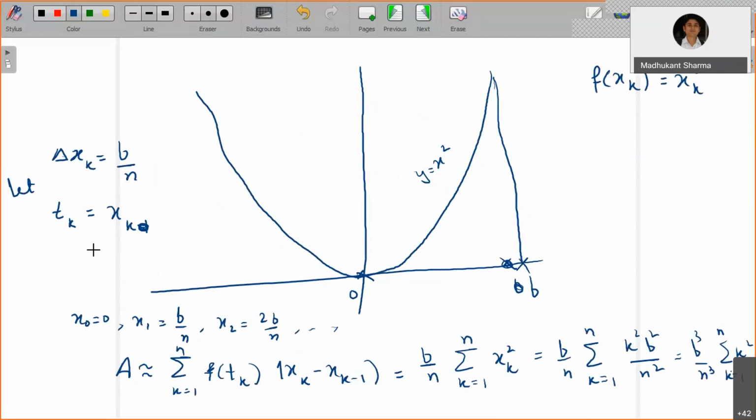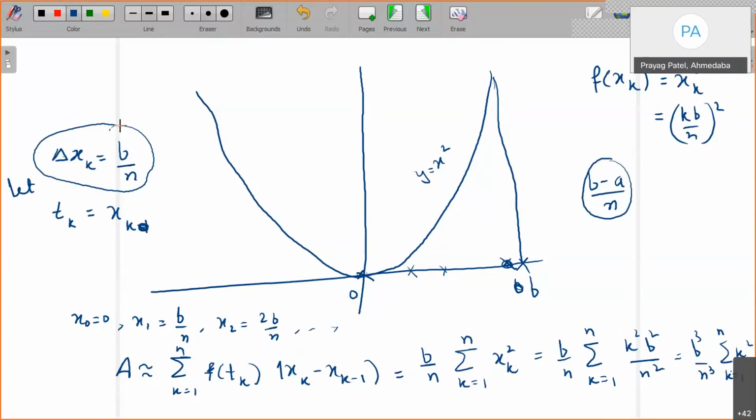So the length is b by n. So x1 is one step ahead, 1 time b by n, x2 is 2 steps ahead, 2 times b by n. So xk means k steps ahead, k times b by n. So xk is equal to kb by n, whole square. Okay, sir. Is that clear?